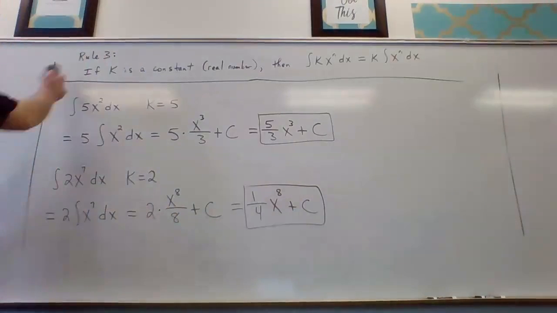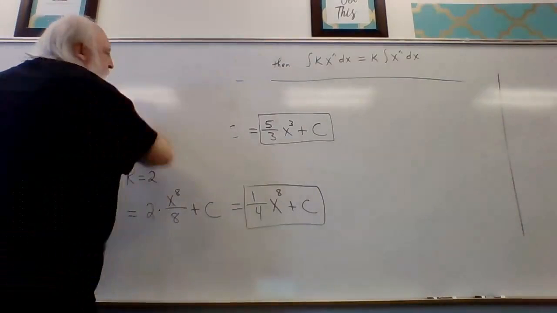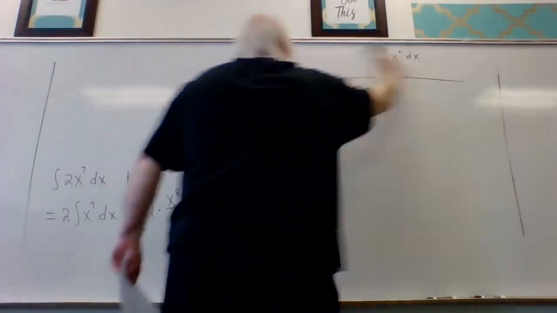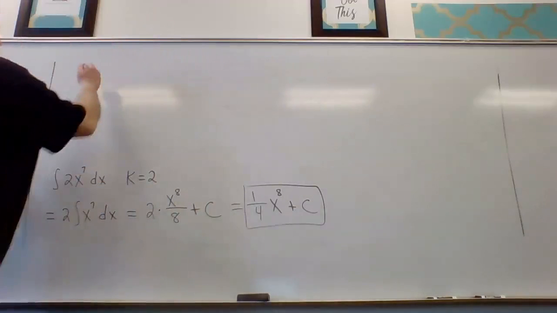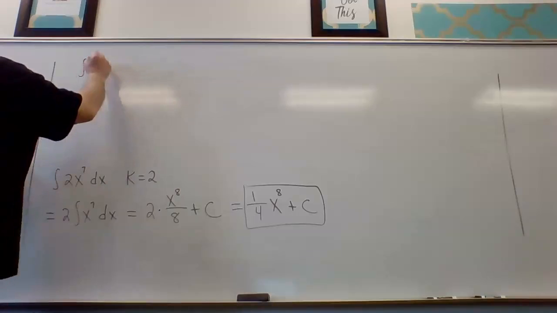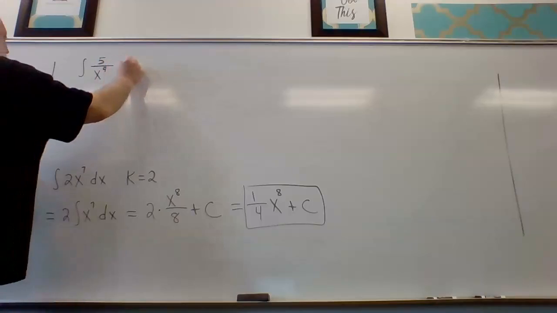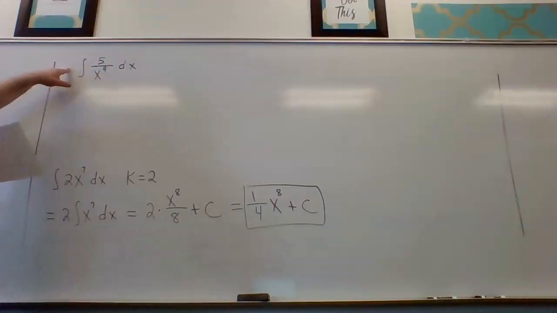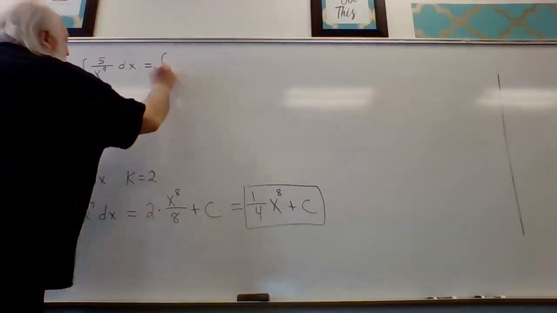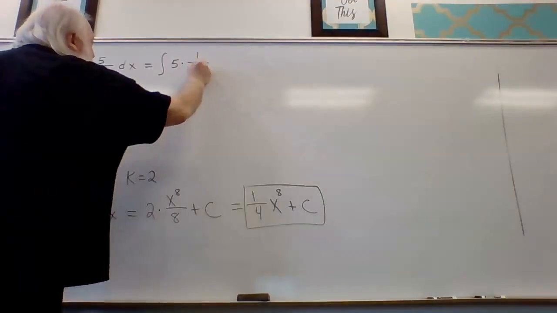In example 3, we have to do some work before we find the antiderivative. We got to find the antiderivative of 5 over x to the 9th power. Well, the 5, you're multiplying, so this can be written as 5 times 1 over x to the 9th.